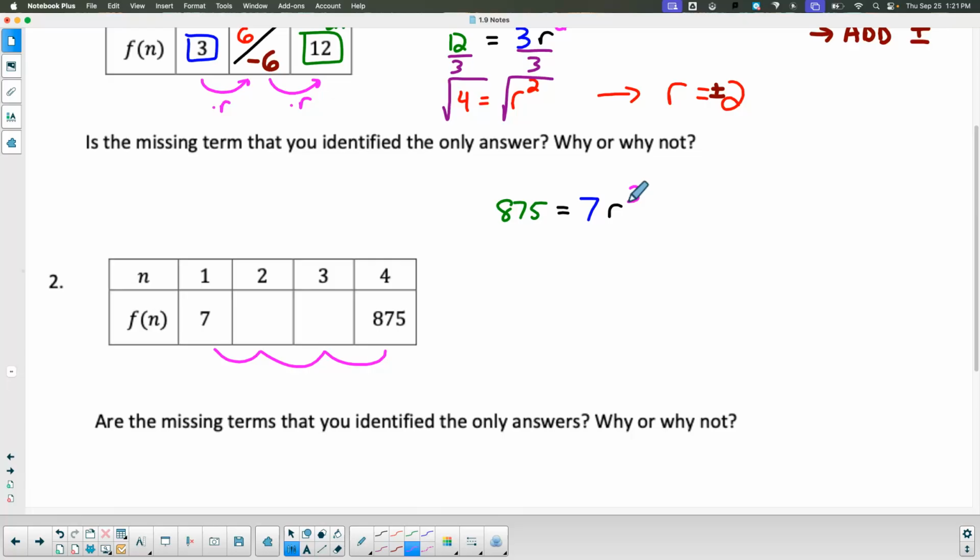So we're at 875 equals 7 times r cubed. What's the first thing that we're going to do? Divide by 7. Yep. Okay. What is 875 divided by 7? 125? Okay. Now what?